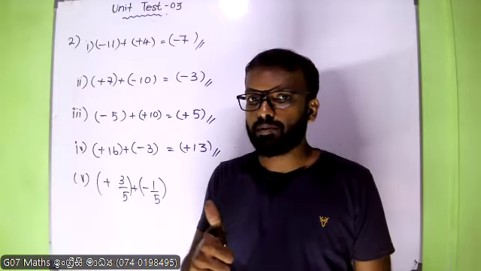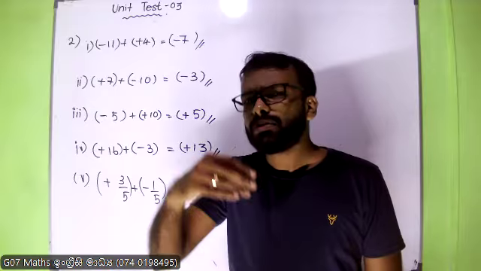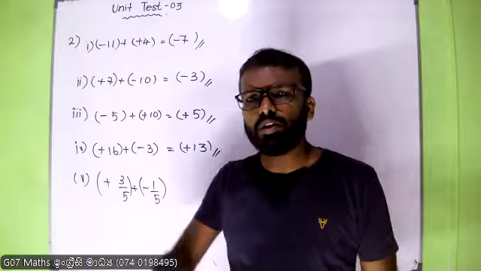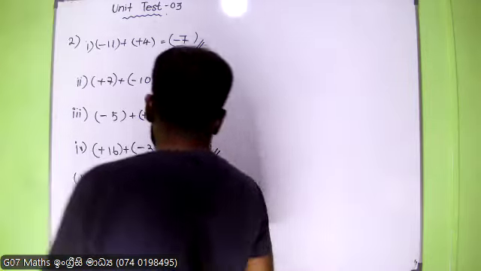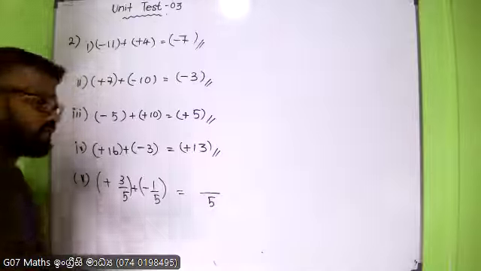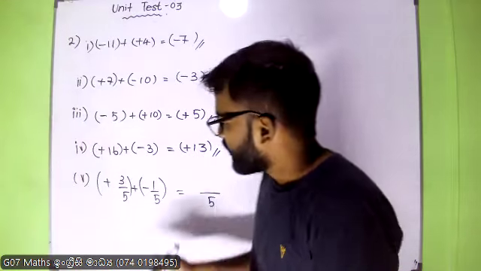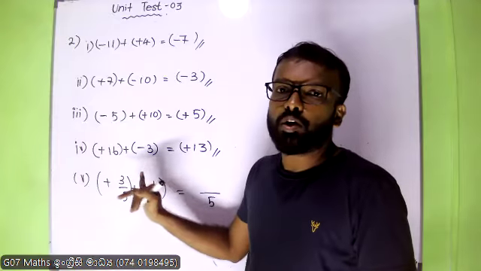Denominator same, super. So if your denominator is same, just forget the denominator. No need to put the denominator. However, in the answer also your denominator is 5, right? Forget it. Now look at the numerators.